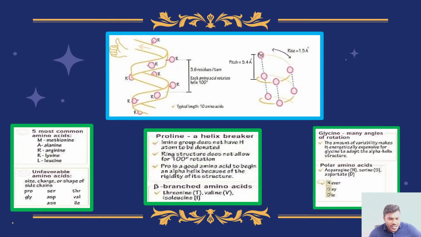Okay, all the students please look into this and remember without fail. Friends, from here also we can get a numerical type of question. Anyway, if you look into this particular diagram, what structure is this? Alpha helix structure. You all can see it very clearly.